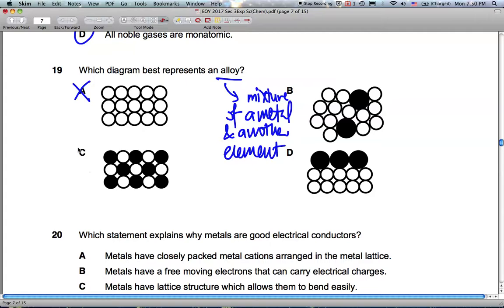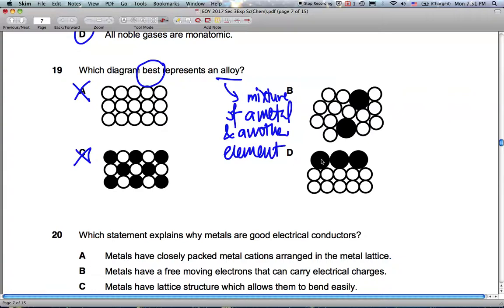For option C, we have 2 different colored circles, but they are of the same size. The question is asking for what best represents. If they are of the same size, when you apply a force, they will still slide over each other. So C is not a good representation of an alloy.